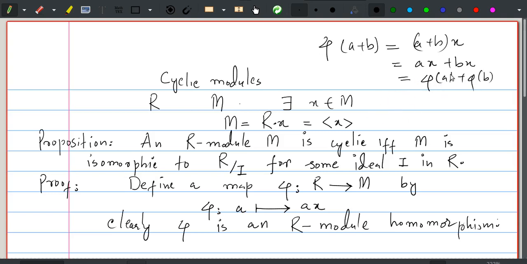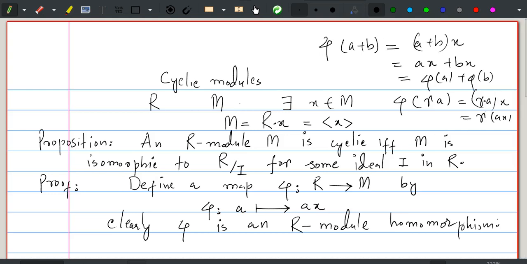Now to prove the homogeneity of phi, if we take phi of R times A, this is (RA) X, then again this is R of AX, because the multiplication in ring R and the scalar multiplication in module M are compatible.